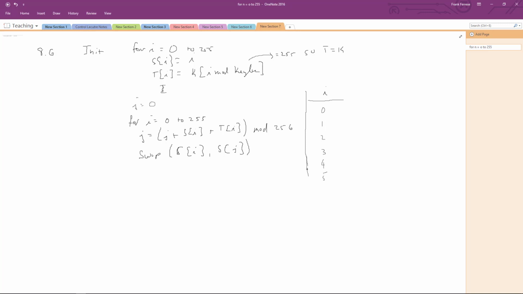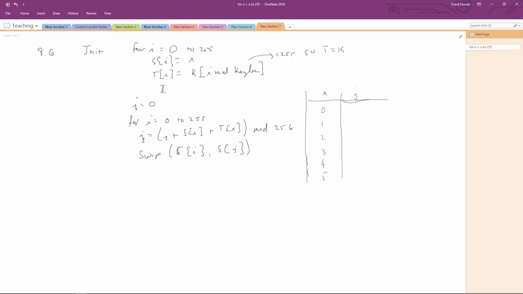We'll look at 5 different values for i. And now we can look at what j is going to be. And remember, we want j to be the same. So j in this first instance will be, well, the initial j is going to be 0.